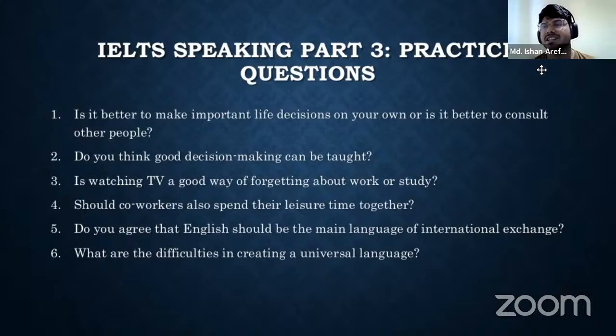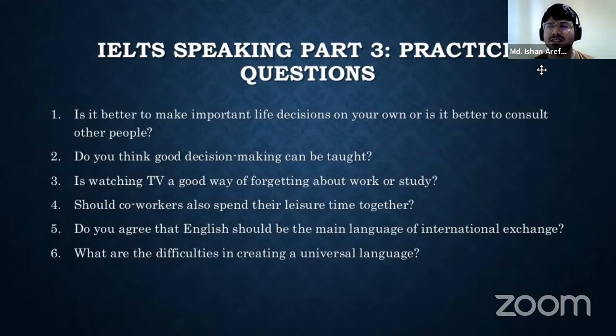Even for answering task 1, I have told you that you have to give some additional information, some explanation. You cannot just answer task 1 with yes or no, because that is the short question. You have to explain a bit, but for task 3, you have to explain more. So you have to understand the differences between task 1 and task 3.